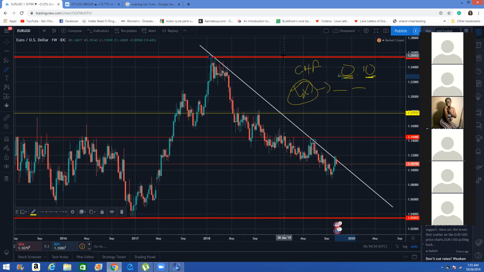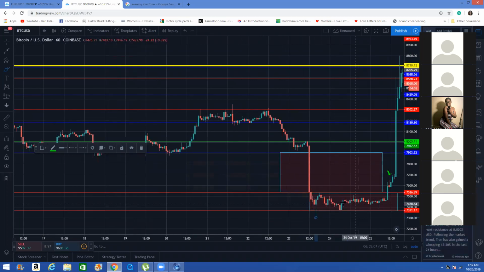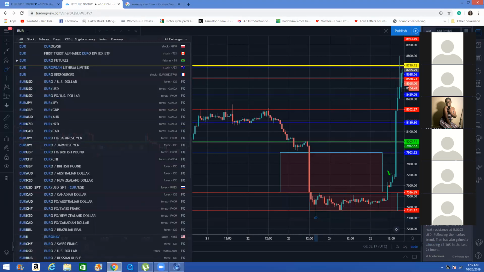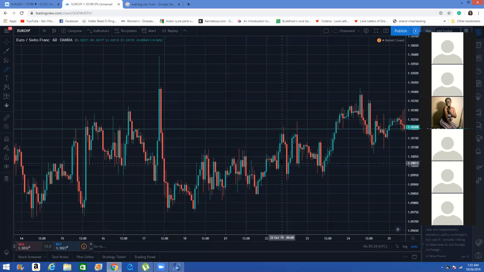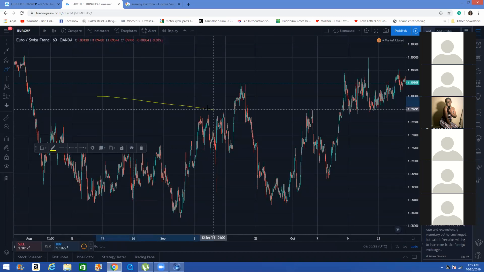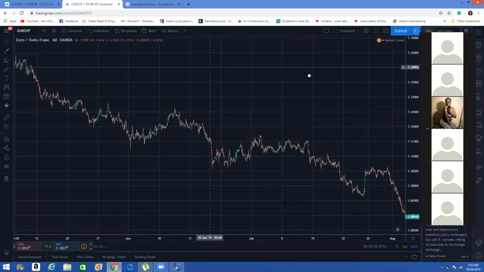I want to show y'all something. For what I was telling y'all about this peg right here, it was basically a price where the banks wanted it to stay there and they didn't want it to move. Well, some years ago, the banks did some grimy stuff. They had a peg on Euro CHF, and they said we're never gonna change price from this area.